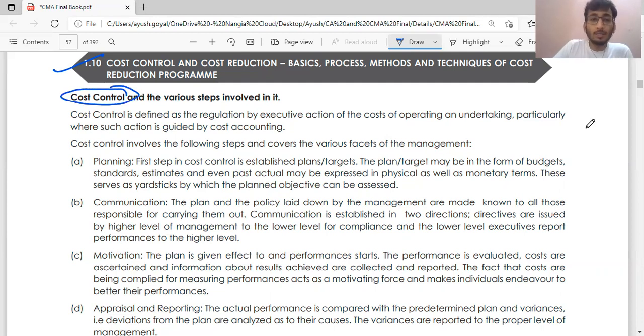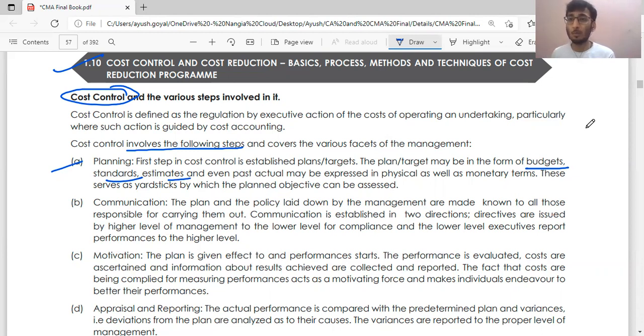Now, there are certain steps involved in cost control. The first is planning. Firstly, we need to plan the cost and set a target cost. We need to make the budget, standards and estimates for the period, saying this would be our target cost, above which we should not go.